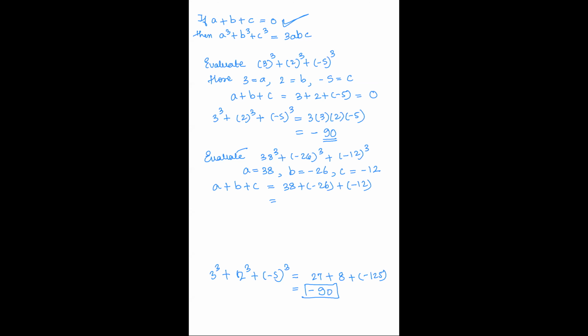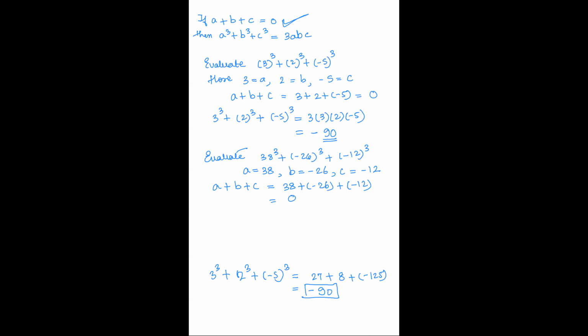So this is going to be 0, because minus 26 minus 12 becomes minus 38, and 38 minus 38 is 0. Since the first condition is satisfied, that a plus b plus c has become 0.